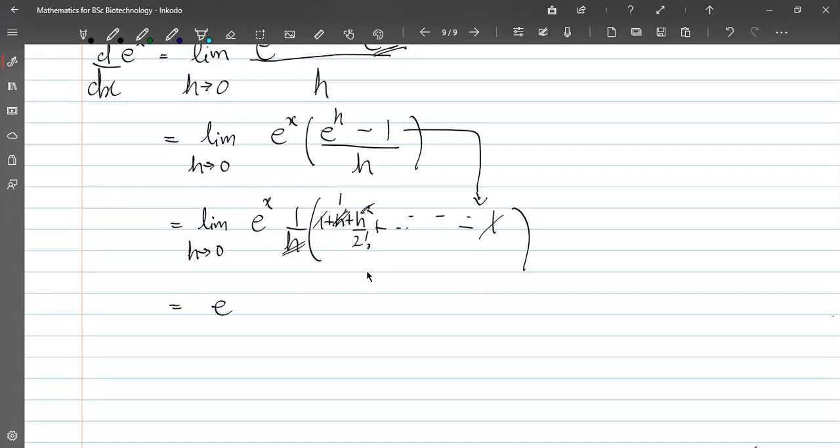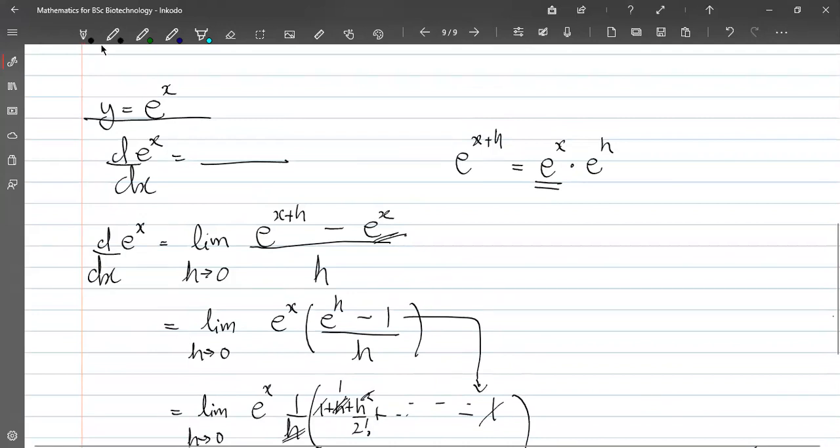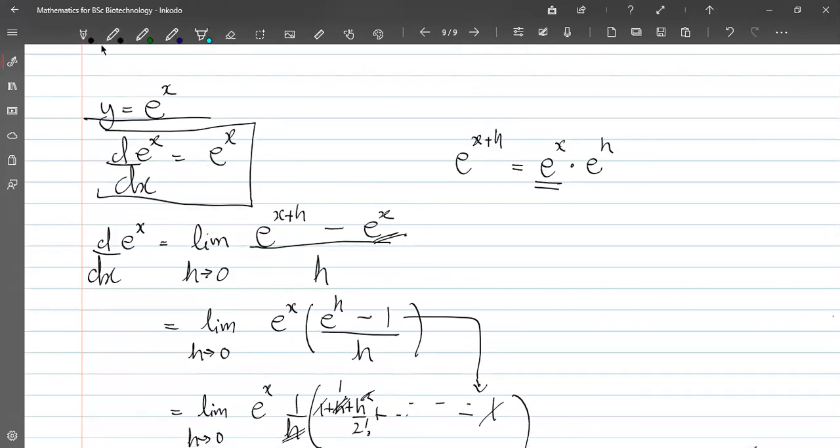So this is just e to the x, because everything else becomes 0, and only this 1 remains. So the derivative of e to the power x is e to the power x itself. That is why this function e power x is so important. It is its own derivative.